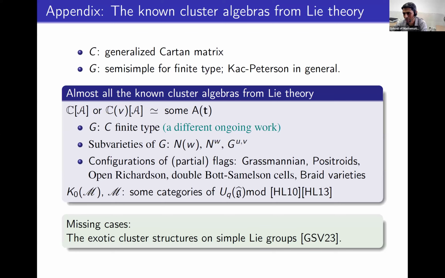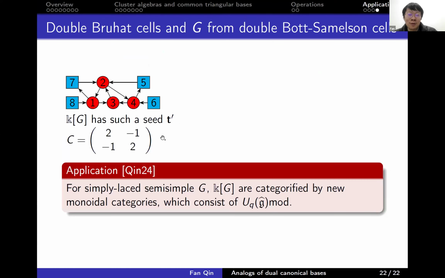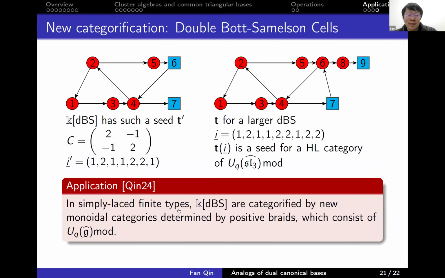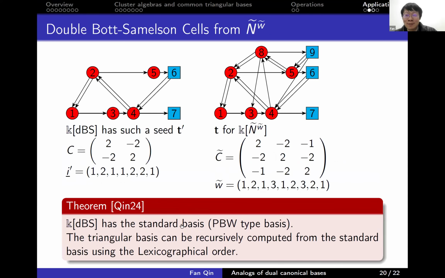And here we also have the PBW basis. So it is actually our standard basis, because we are working with the dual PBW basis. And then I think we also have something called the dual canonical basis. I think that is not very easily visible in the Ringel-Hall algebra approach.